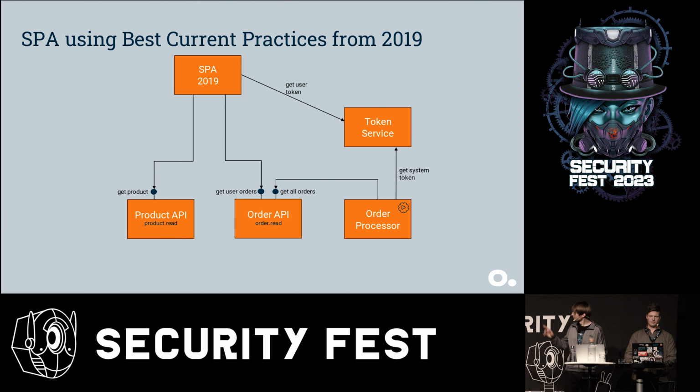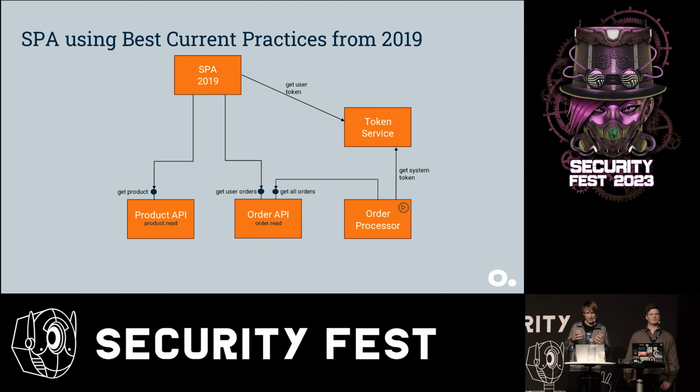This is what the 2019 best current practices implementation would look like. We have a token service, and then we have the APIs. In a real-world scenario, we would maybe have 10 or hundreds of backend APIs here, but we have 2 to just represent that there are more than one.